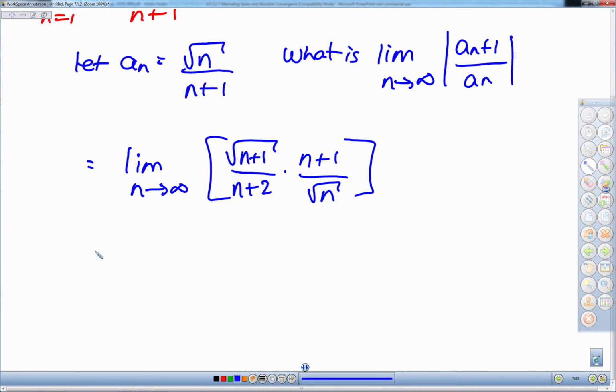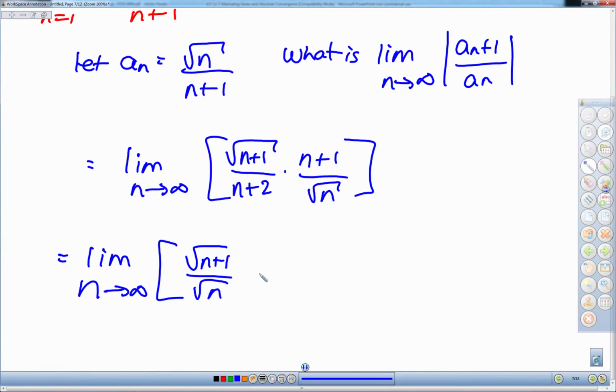Okay, so let's see what happens here. We've got the limit as n approaches infinity of, I'm going to rearrange this since this is just the product of two fractions. I can rearrange my terms a little bit, and I'm going to have the square root of n plus 1 over the square root of n, times n plus 1 over n plus 2.